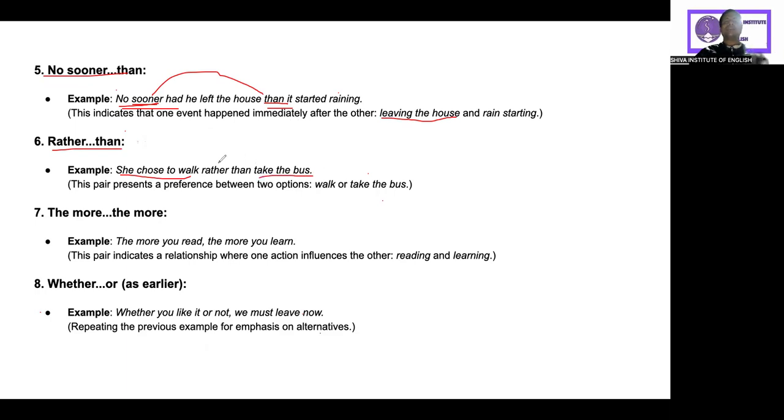So generally, rather than, sooner than, are used for the sake of comparison, right? Here this pair presents a preference between two options, walk or take the bus. And here you would find leaving the house and rain starting, one event happened immediately after the other.